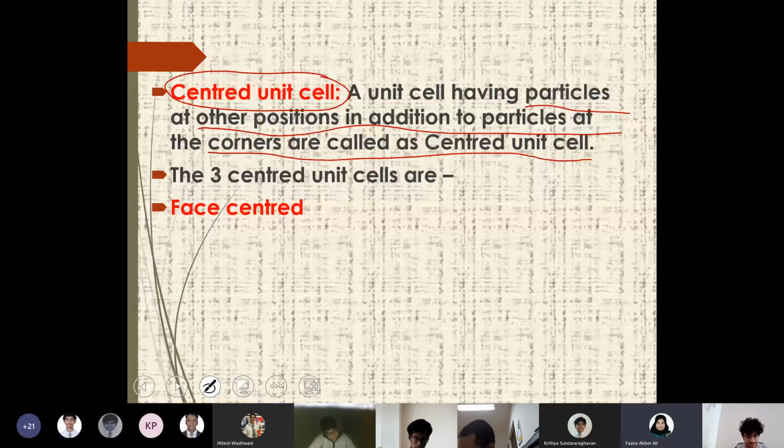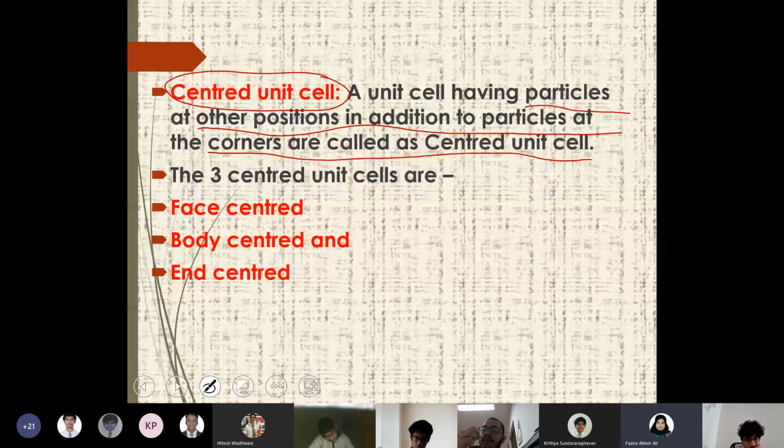There are 3 types of centered unit cell arrangement: face centered, body centered and end centered.